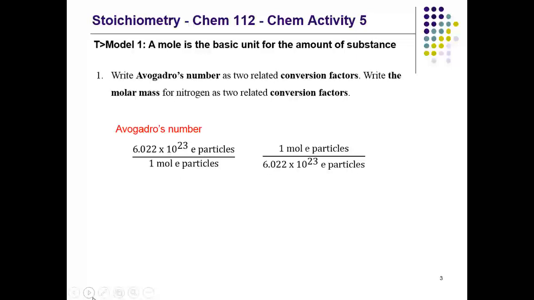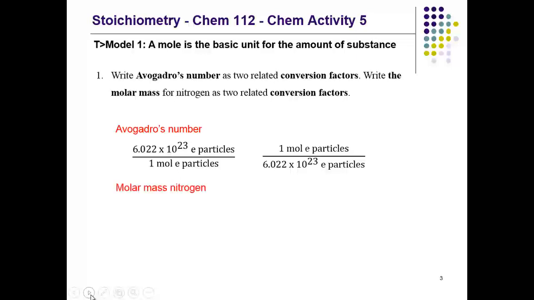Mathematically you may think these are different numbers, but in a sense they're representing an equivalency, and it depends on what sort of conversion you want to do. Are you going from mole of elementary particles to particles, or vice versa? The kind of conversion you're doing will dictate the sort of conversion factor you need to use.